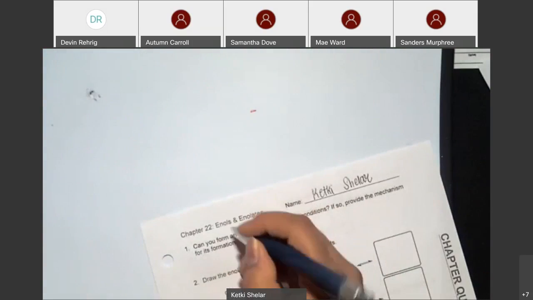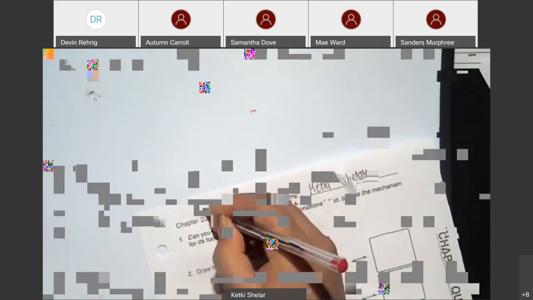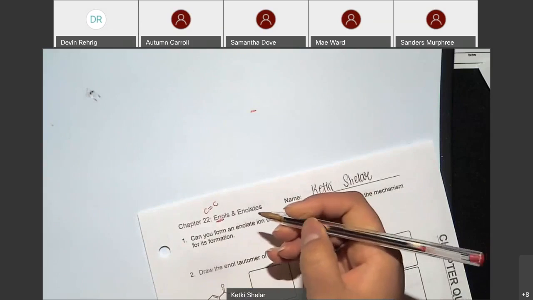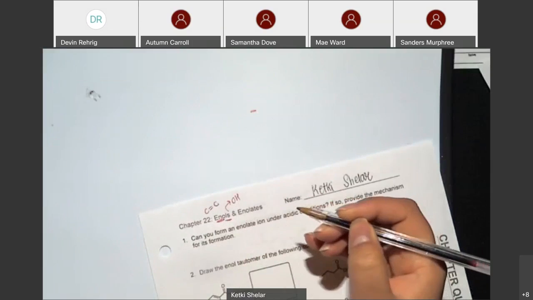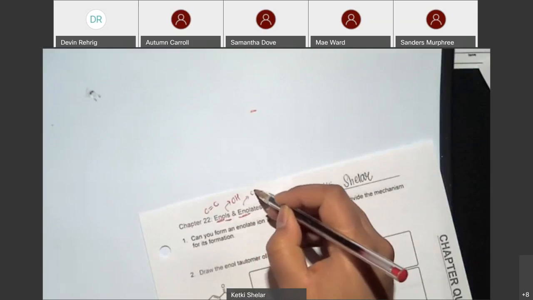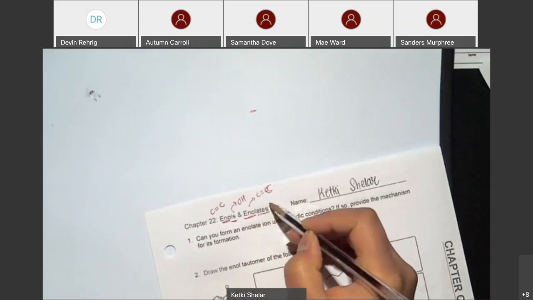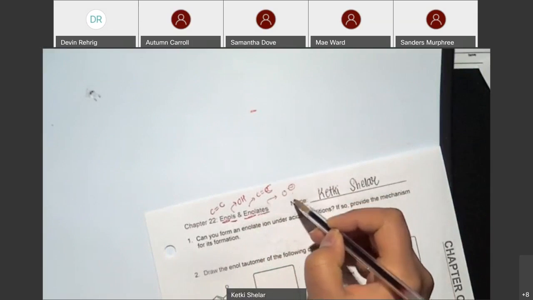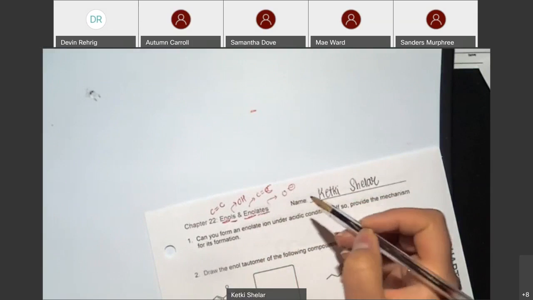Enol: "en" means a carbon-carbon double bond and "ol" means OH. Enolates: "en" means C=C, and "olate" would be O minus. It is not a protonated version, it is an anion, okay?